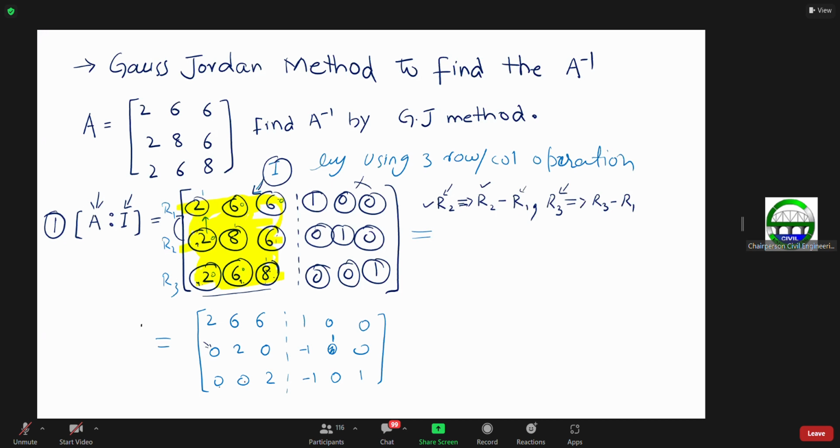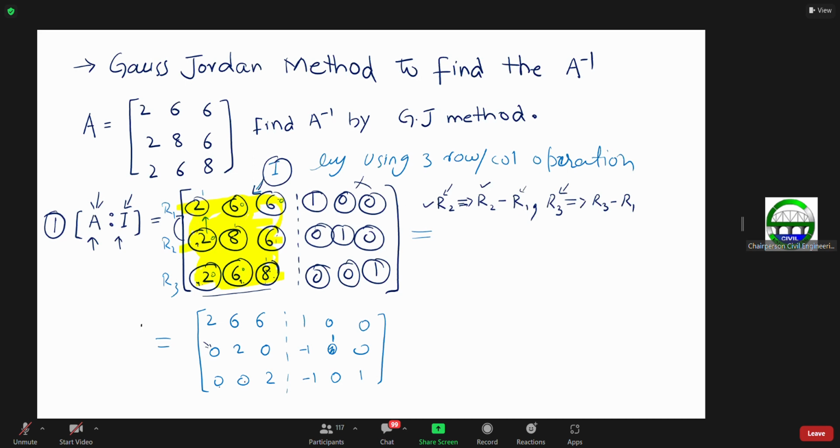Okay, I will repeat again so you will have more idea. In the Gauss-Jordan method, we will not take the adjoint or the determinant. We have a different method. In this method, we combine your given matrix with the identity matrix. Once you are given this, we talk about the three operations on the matrix. The first operation is that you can interchange any two rows or any two columns.